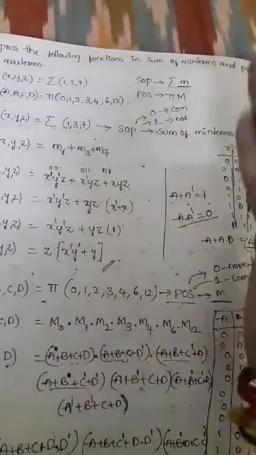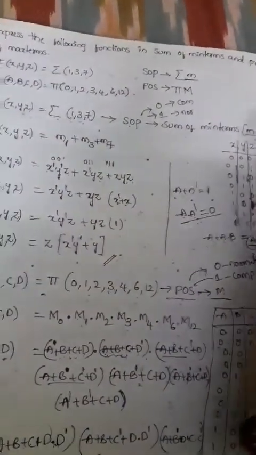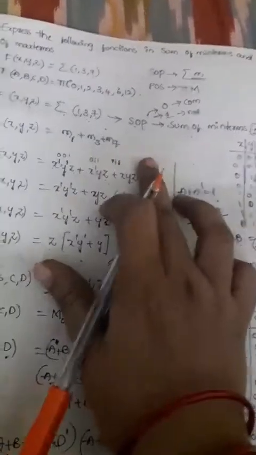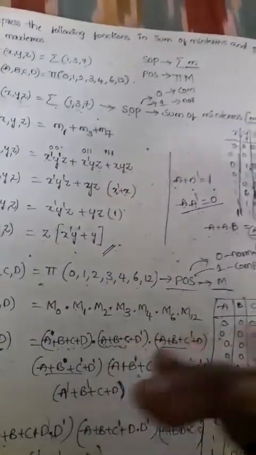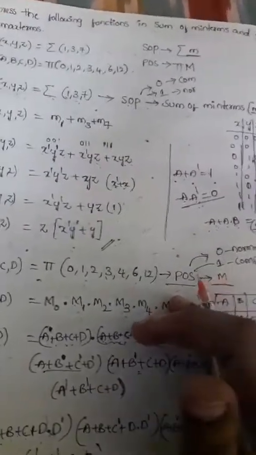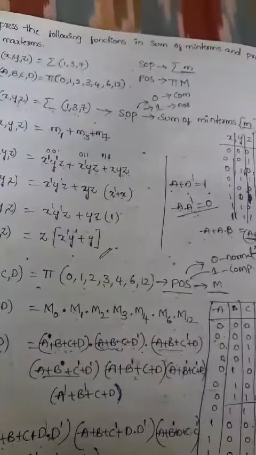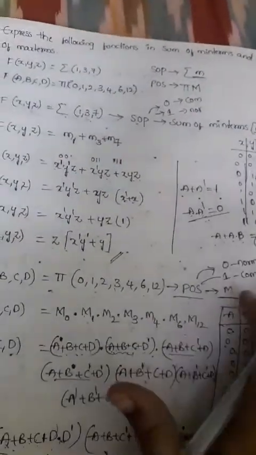After that we can reduce into Boolean numbers. After that, based on those binary numbers, we'll write the function. So finally we are getting the expression from the binary numbers. That function we need to reduce, if any common terms exist or any theorems are applicable, and based on that you can simplify. Okay, so this is the complete problem for the second one, that is sum of min terms and product of max terms.